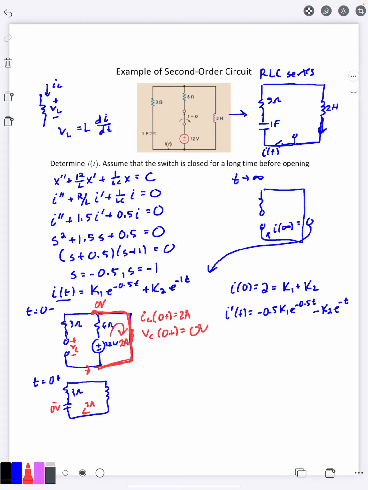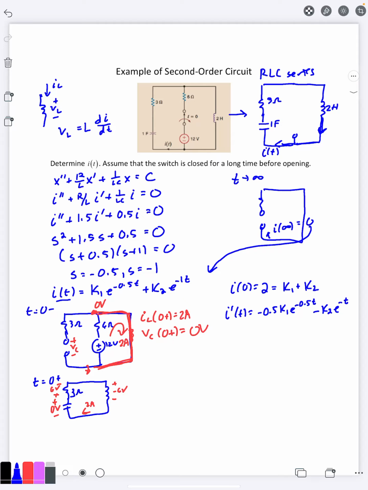However, we do know that there is 2 amps coming this way. We know there's 0 volts across the capacitor. Well, for a 3 ohm resistor, that means there's also going to be a 6 volt drop here, which means there has to be a 6 volt gain or a negative 6 volt drop on the inductor.